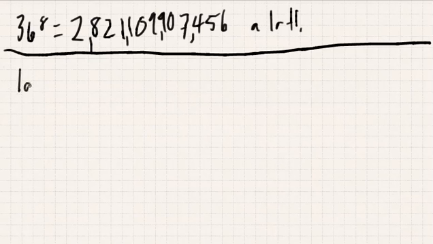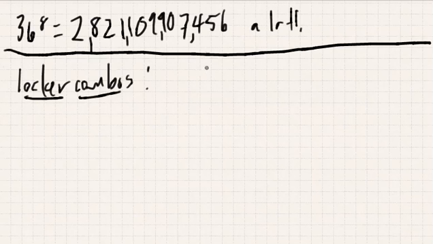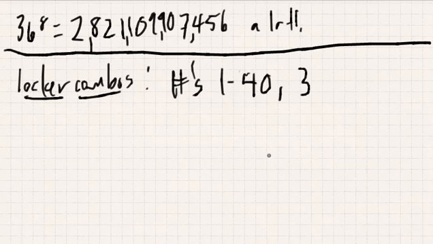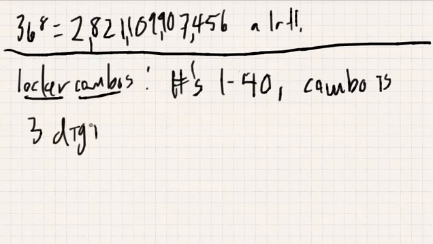Okay. What's another example? Let's look at locker combinations. Now, a typical locker will have numbers 1 through 40 on a padlock, and generally the locker combination will be 3 digits, and we generally assume that they don't repeat at all.